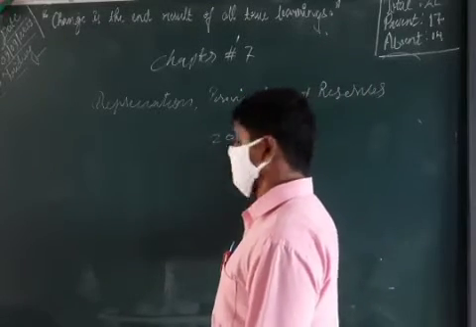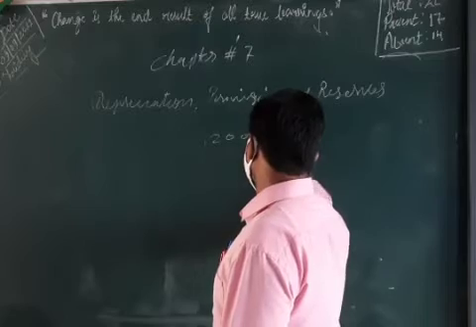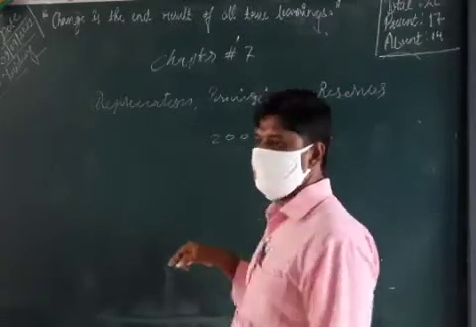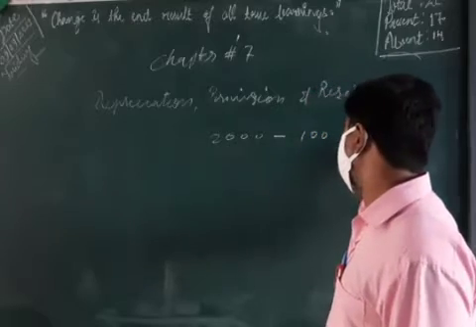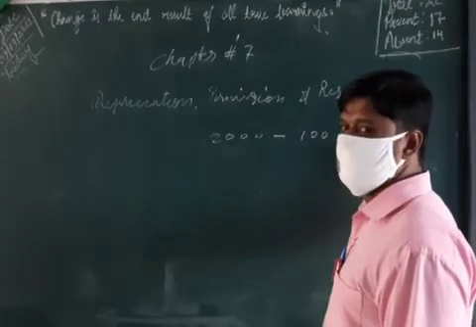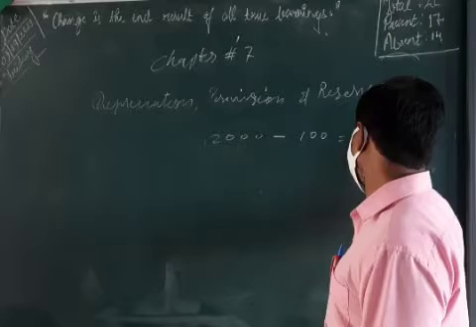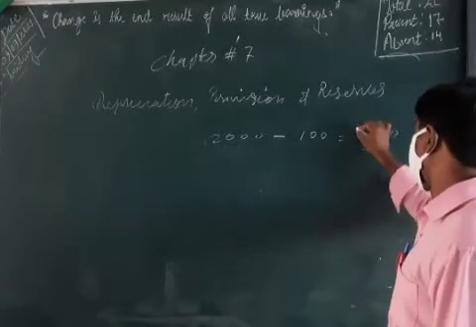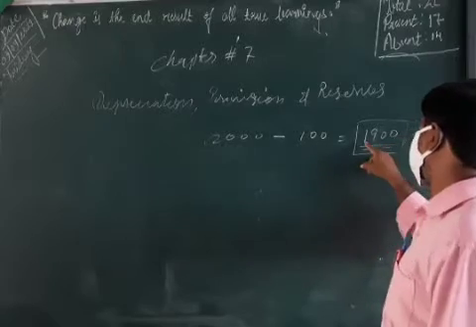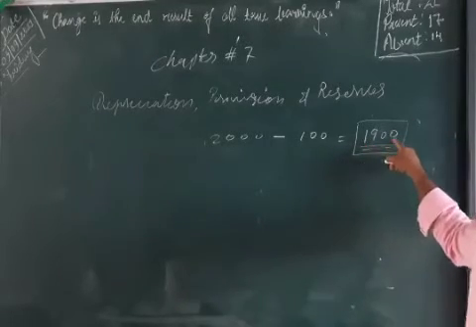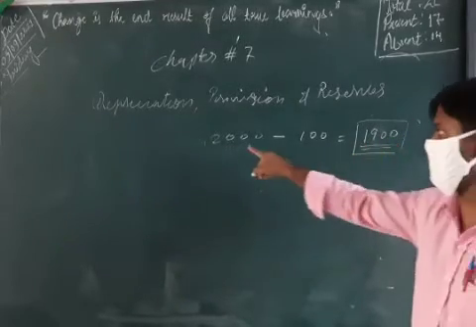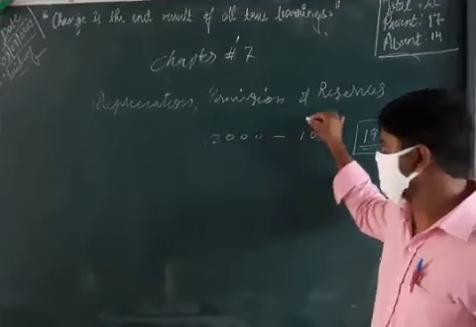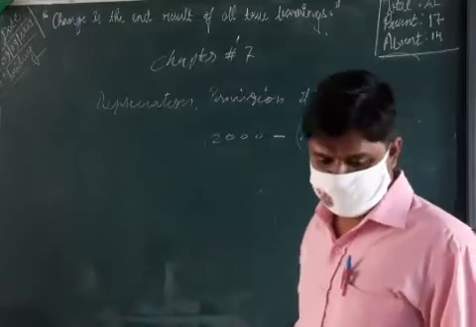From 2000 we reduce 100 rupees as the scrap value or net residual value. After that it is 1900, and depreciation is charged on this 1900 rupees, not over the complete 2000. You understood now? Now how does this affect the depreciation value?